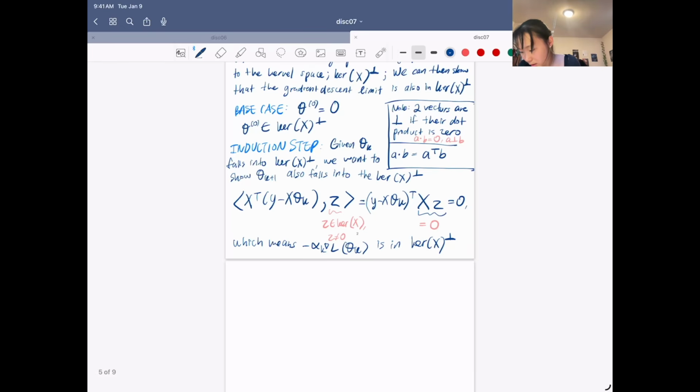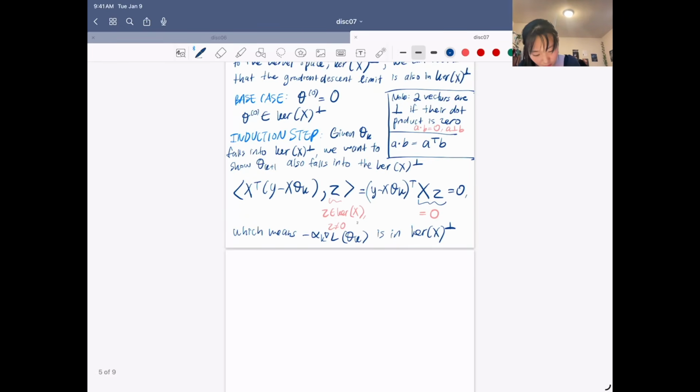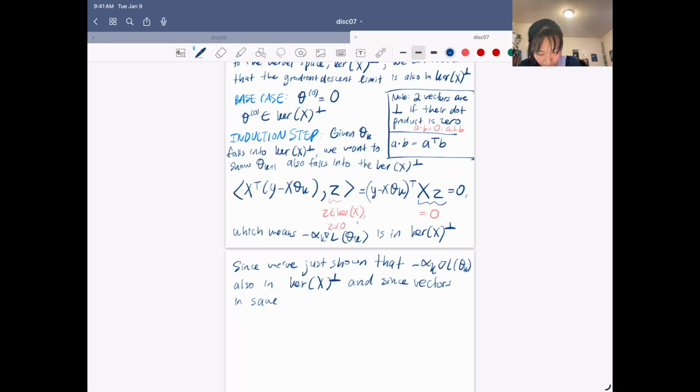Since we've just shown that this guy is also in the perpendicular kernel space, and since vectors in the same subspace are closed under addition, this is a linear algebra property.